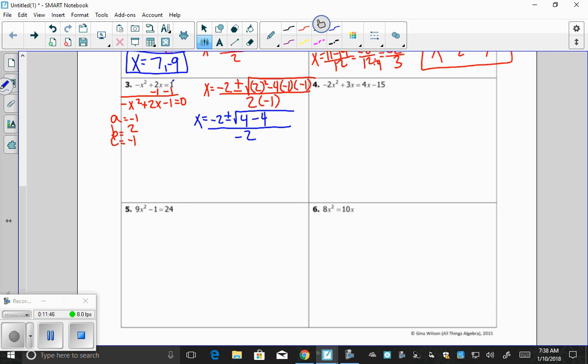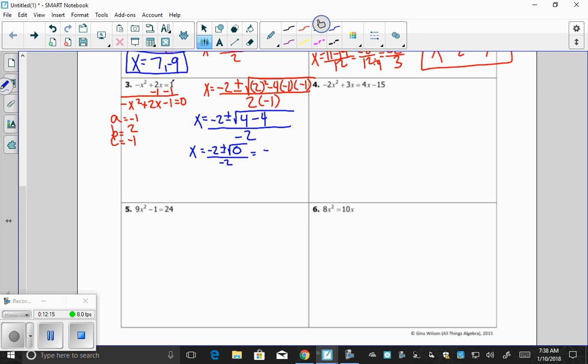So simplify again. X equals negative 2 plus or minus the square root of 0, because 4 minus 4 is 0, over negative 2. The square root of 0 is just 0.